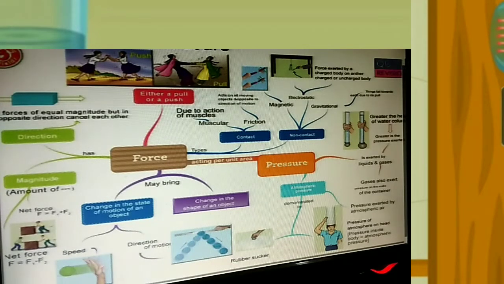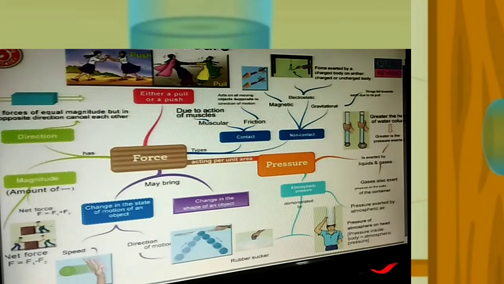Now for example, the resultant force in the case of two people pushing a box in the same direction, so the net force F is equal to F1 plus F2.